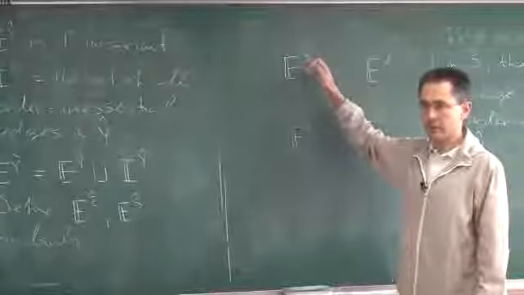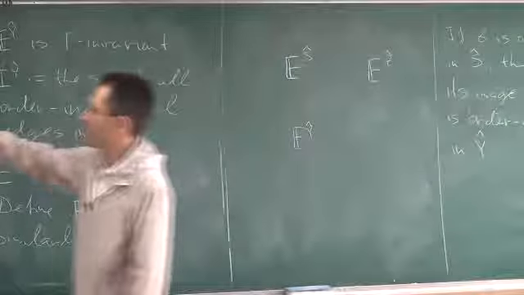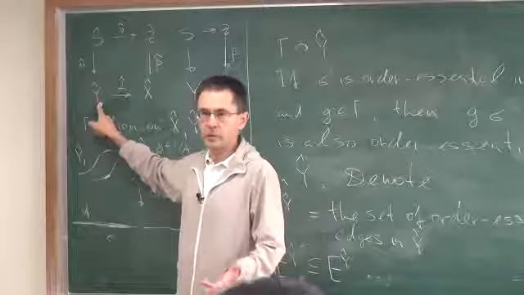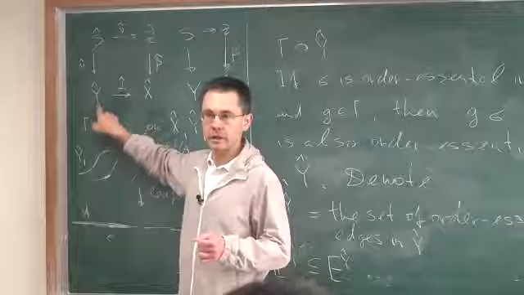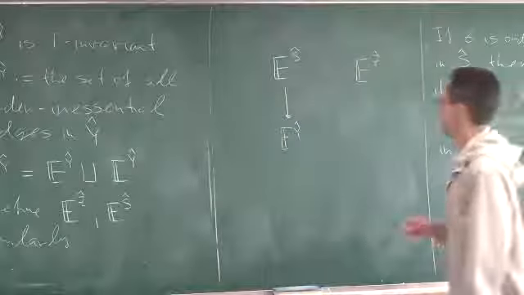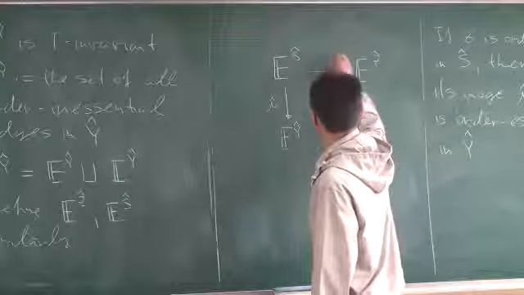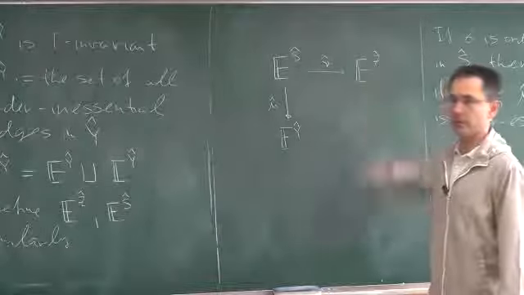If I take an element in here, that means it's an order essential edge in S hat, and use that map mu to take the image of this edge in here. What's the outcome? The result is it's again an order essential edge. So that means that that map mu induces the map from here to here. There is an induced map. Similarly, in this direction also, this map mu hat is just a restriction of mu hat and nu hat. The point is that they are well defined now. These maps make sense.